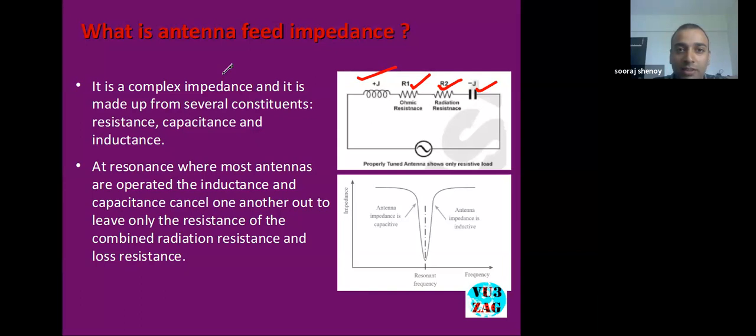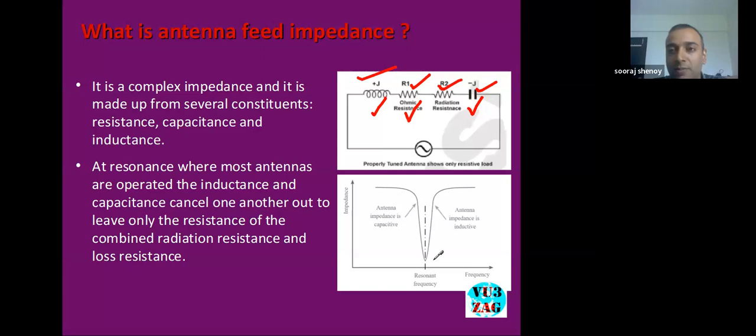So when representing an antenna impedance, it will be a complex impedance which consists of a resistive part as well as an imaginary reactance part. So what happens at resonance?